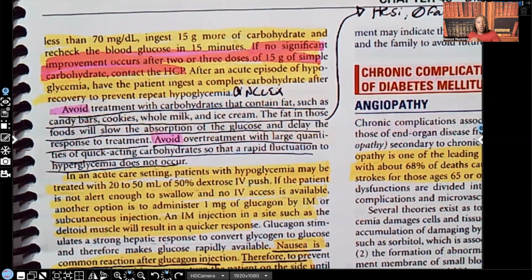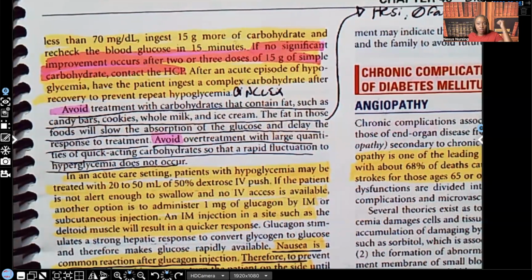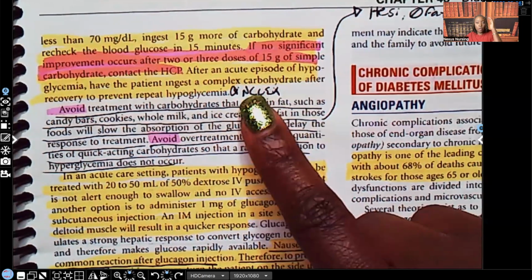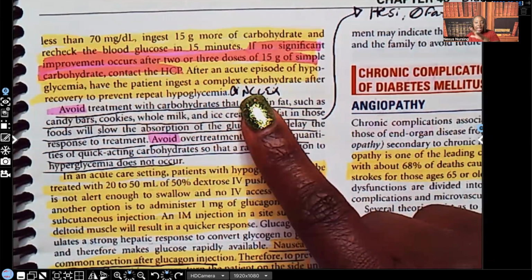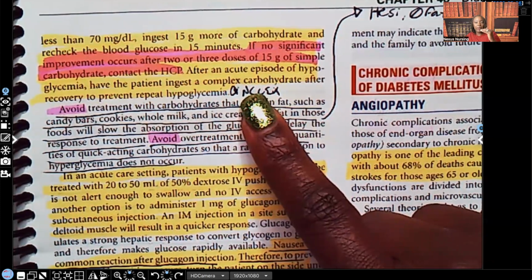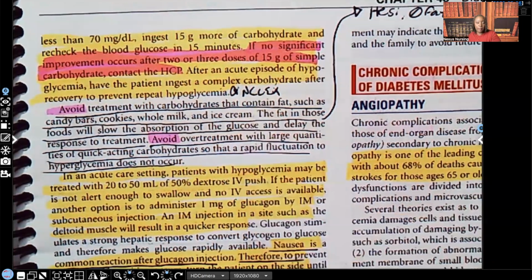So what you want to do afterwards, guys, you want to eat a complex carb like a ham and cheese sandwich to keep that blood glucose up instead of that patient crashing again. So that's what they're talking about. So now you know the rule of 15. And now you know after you've taken that rapid acting glucose, you want to take a complex carb just to make sure that the patient doesn't crash, that we can keep them at that level until we can get them some help, okay?